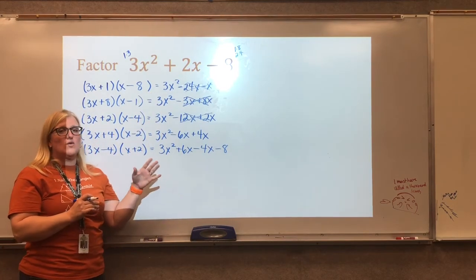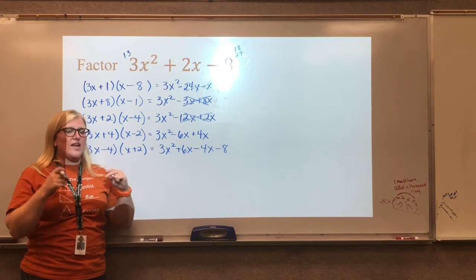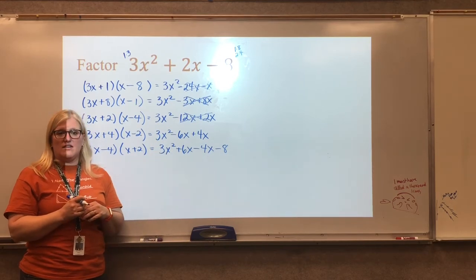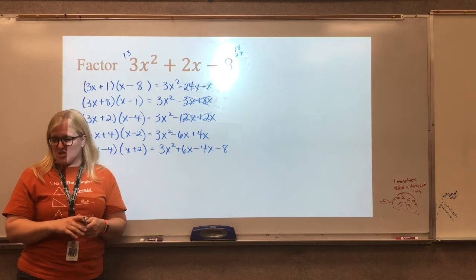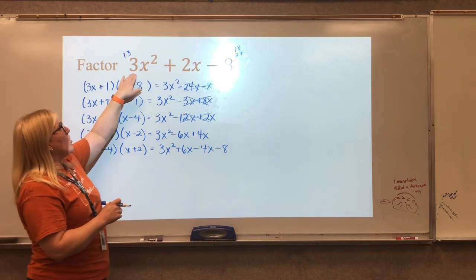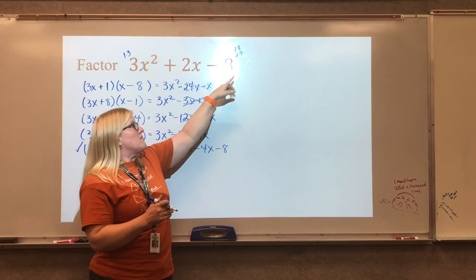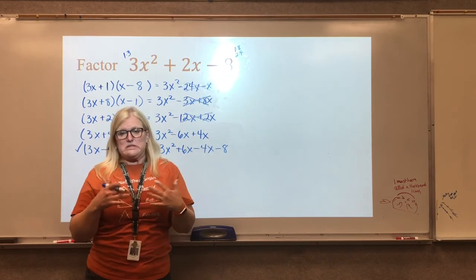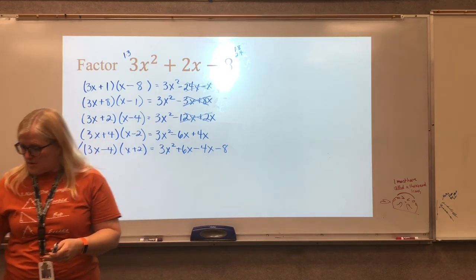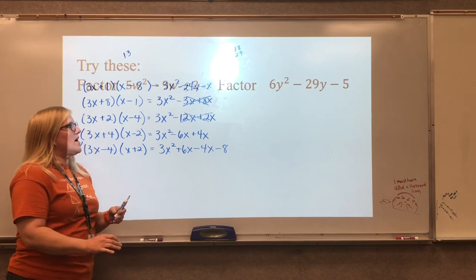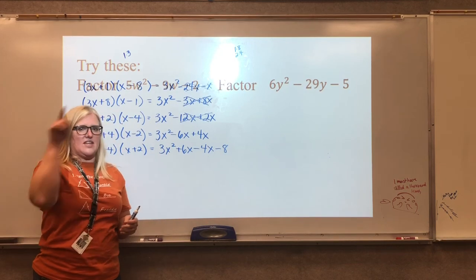I know it's a lot, but if you can crank through these really fast, then sometimes they don't take as much time. They're especially good when this number and this number are both prime. If one of them's not prime, then it can be a lot. All right, I want you to try these in the next video.